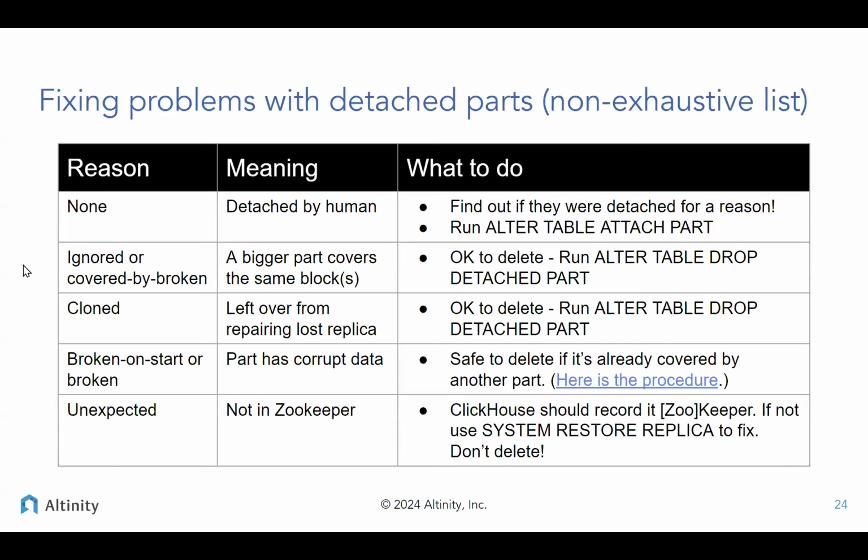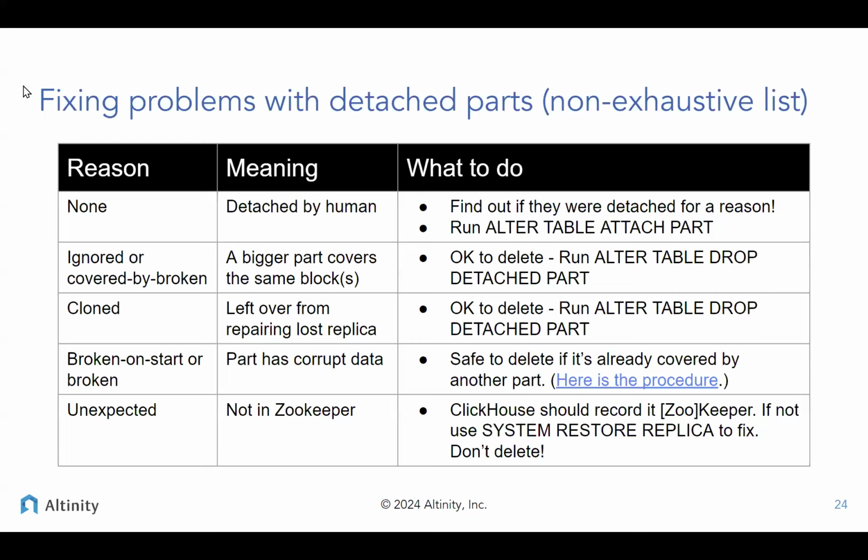So that gets us to the question of how do we fix parts? Here's a non-exhaustive list. This is one of the hardest places to give general guidance because there are so many ways that parts can get broken or detached that it's hard to give you clear guidance that covers every single case.